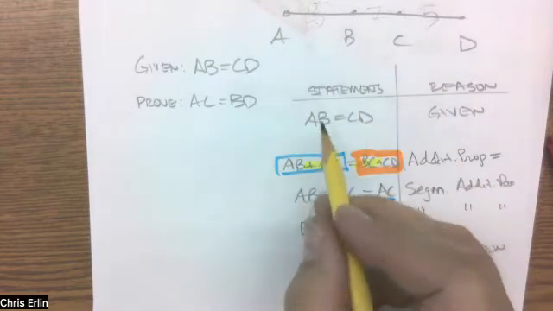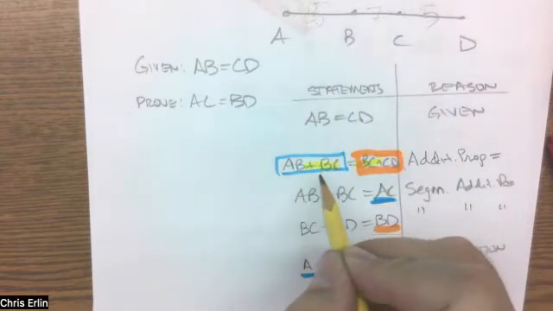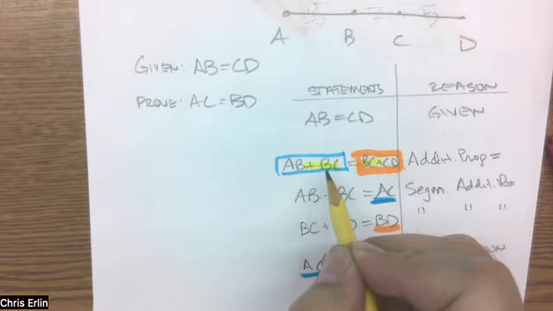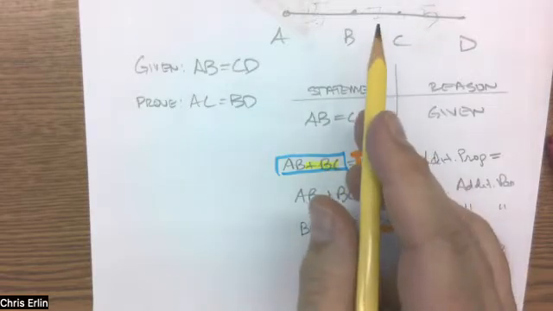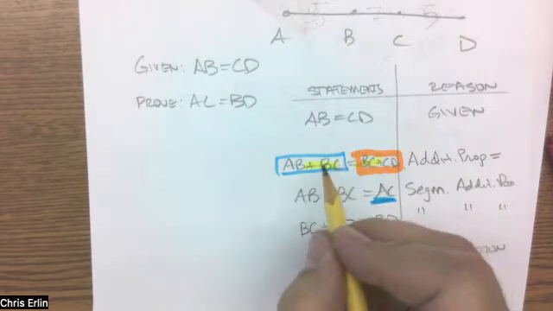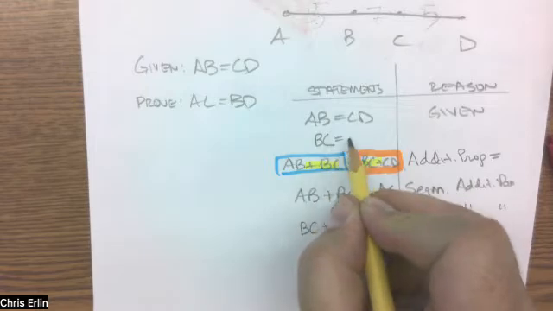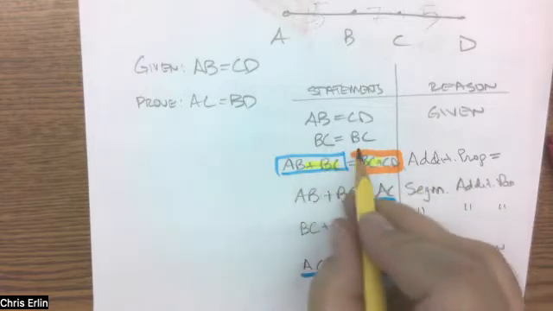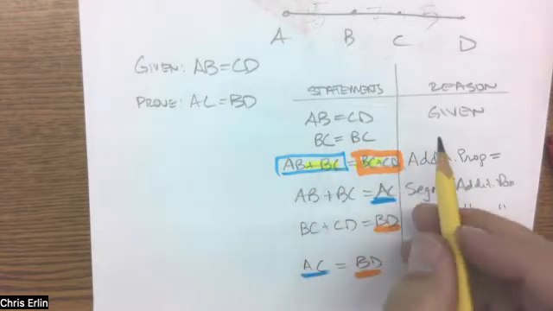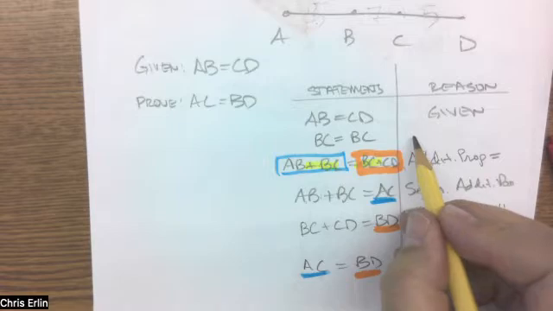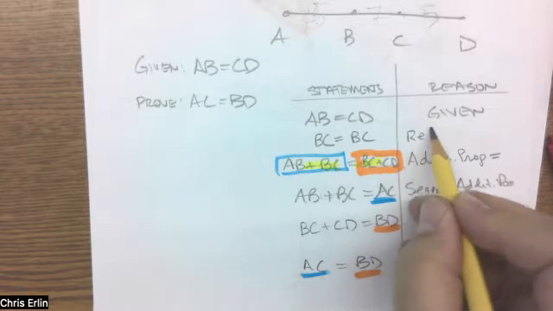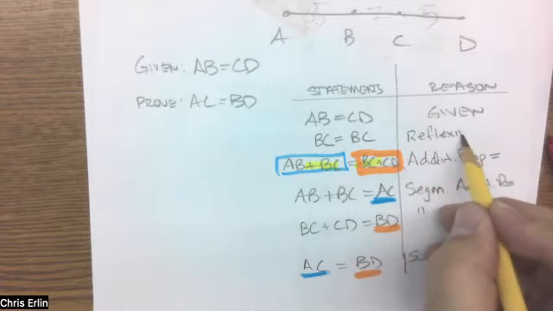How much did I add to AB? BC. Do we know how much that is? 7. Well, in my example, it was 7, but really it's a variable amount, isn't it? It changes. So I need to tell everybody that I'm using BC on the left and BC on the right, and they're both the same value. What justifies that step? Good, reflexive.